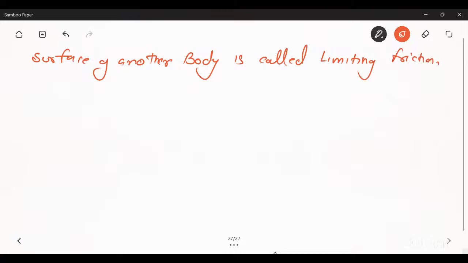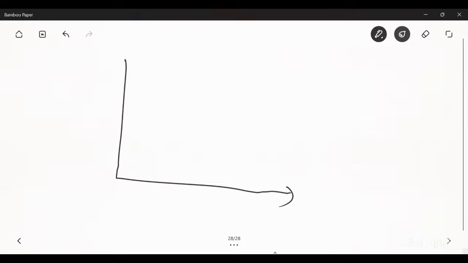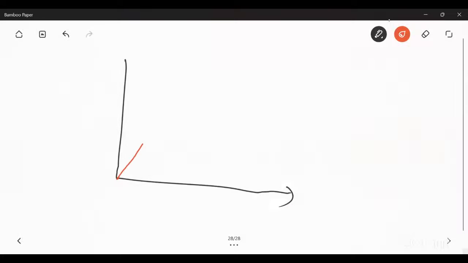So remember one thing, limiting friction is always greater than static friction, and limiting friction is always greater than kinetic friction too. Because if you see the graph, that was your static friction, which became its maximum value. And next is your kinetic friction.